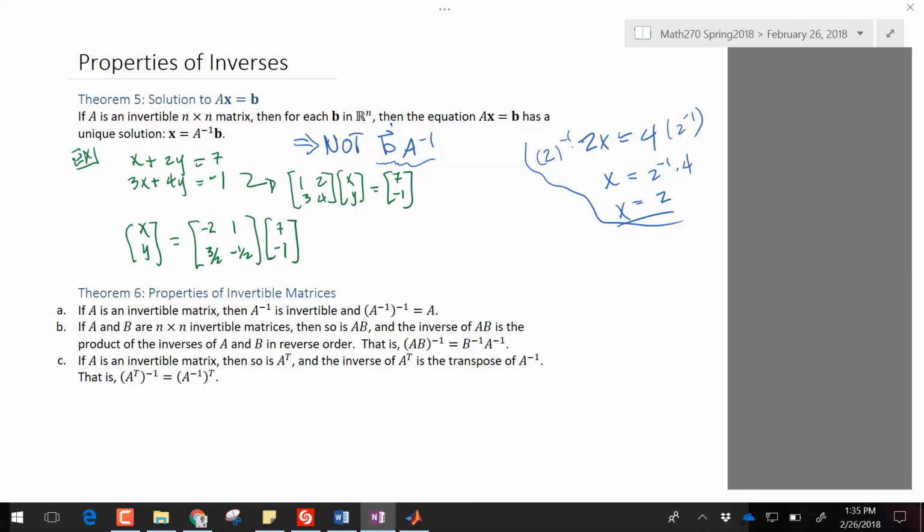We can just solve this matrix multiplication if you already know the inverse. Chances are you're not going to know the inverse, and solving Ax equals b this way requires you to know it.